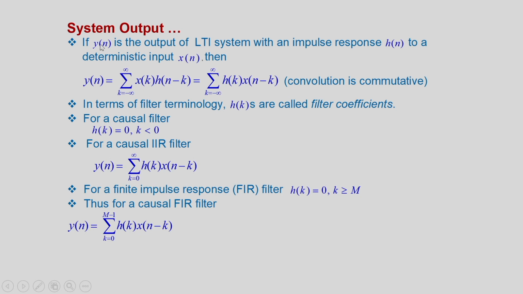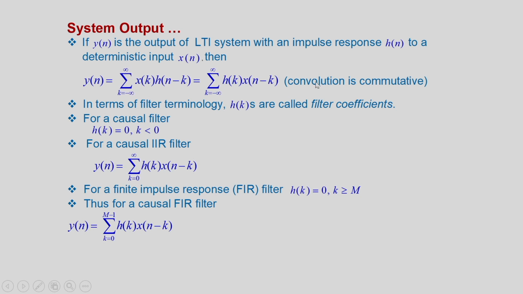Thus, if y[n] is the output of an LTI system with impulse response h[n] to a deterministic input x[n], then y[n] is, as shown in the previous expression, the summation of x[k] times h[n-k], k going from minus infinity to infinity.